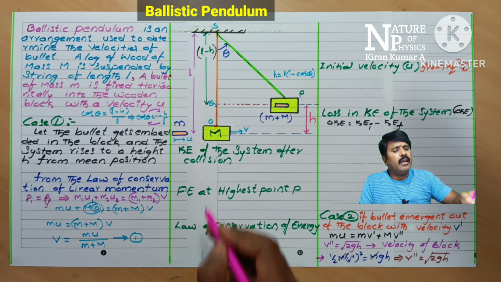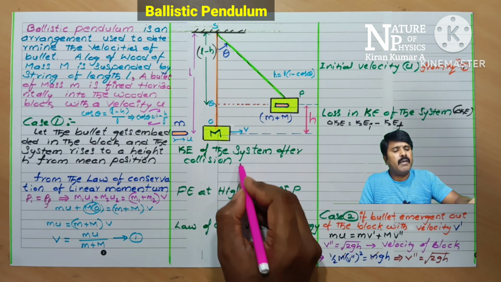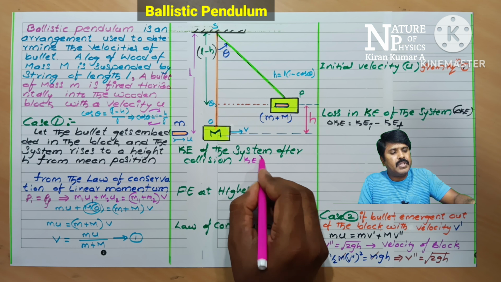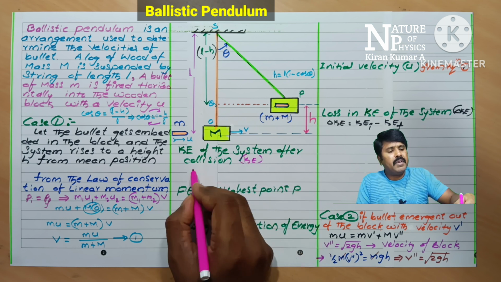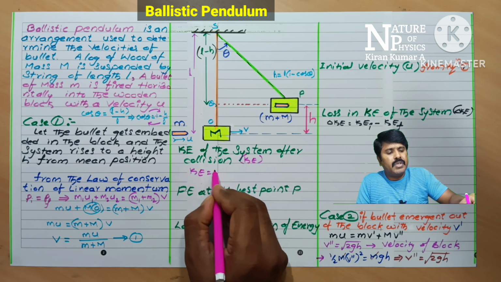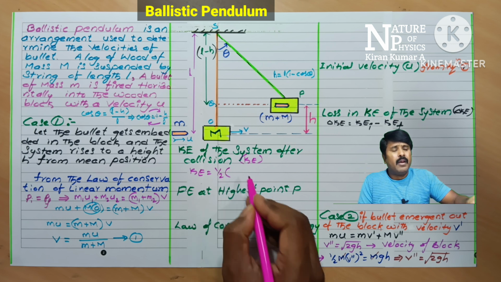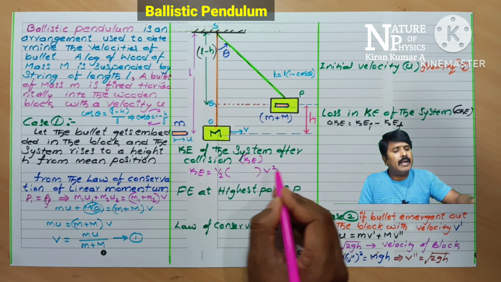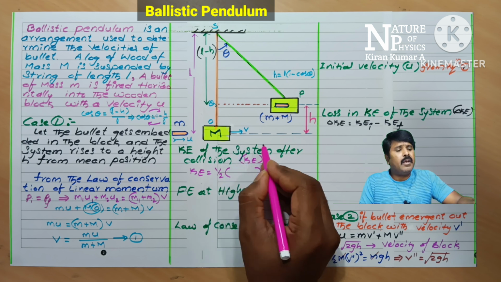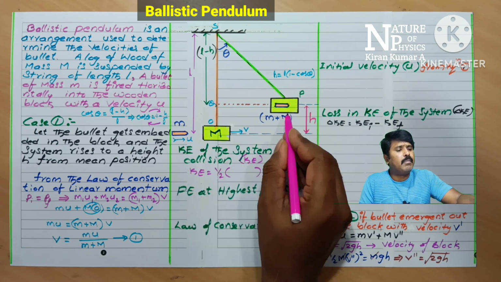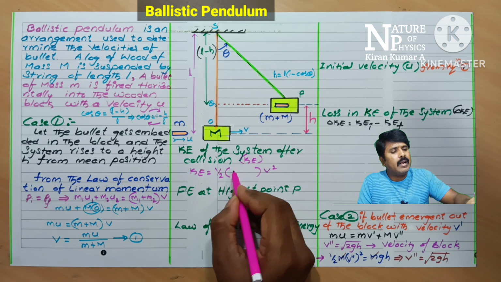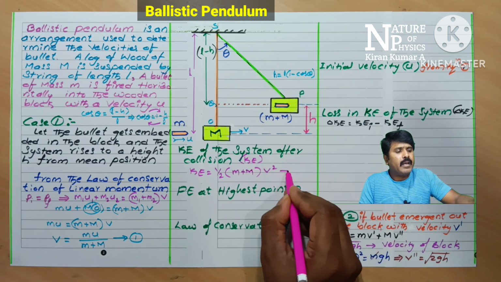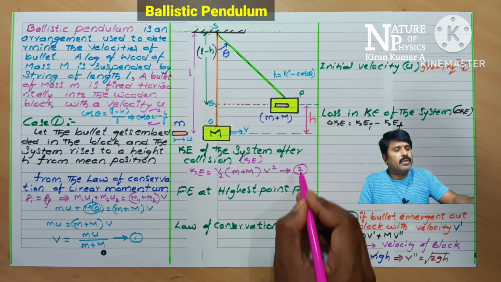Then, the kinetic energy of the system after the collision, KE, is equal to half m v square. So the kinetic energy is half m v square, but the mass is the sum of the mass of the bullet and the mass of the block, written as small m plus capital M. This is equation number 2.